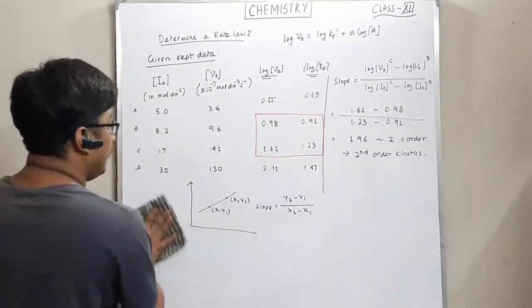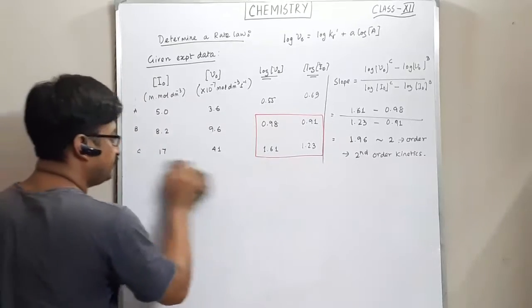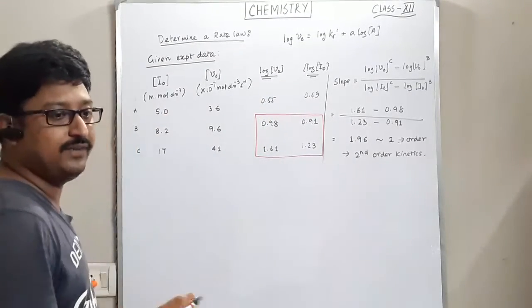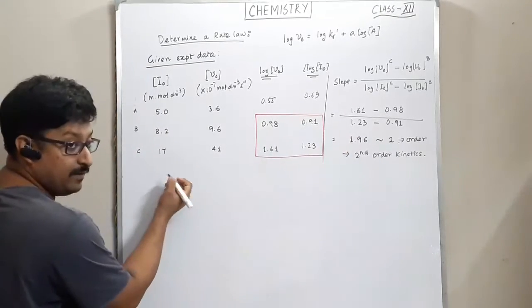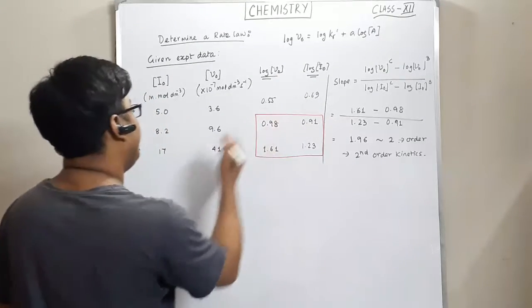For calculating the rate of the reaction, we can take any data, and we already know the rate. So let's take this value, 0.98.